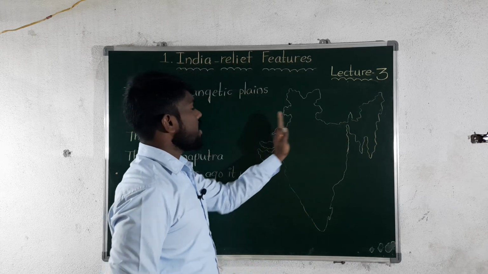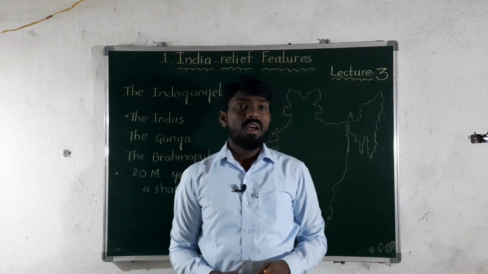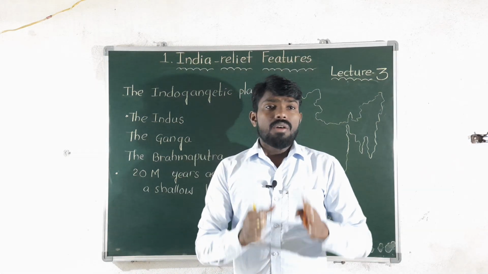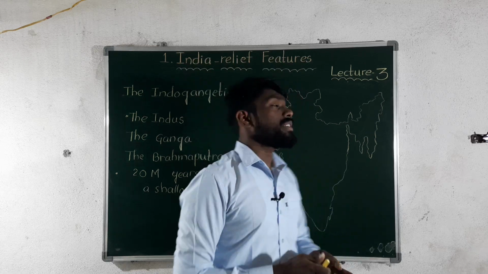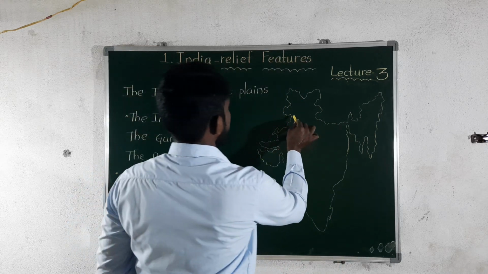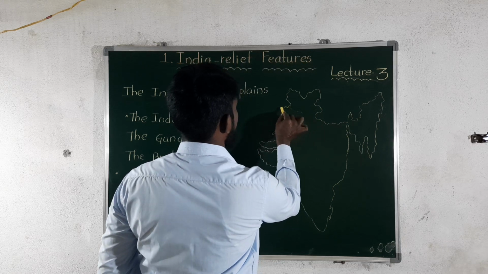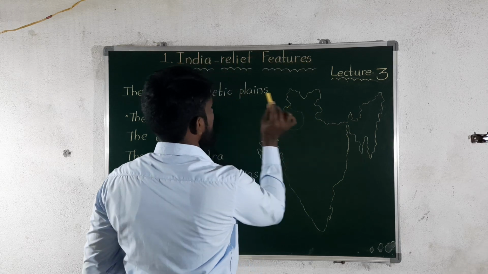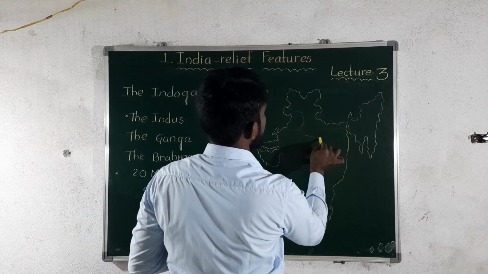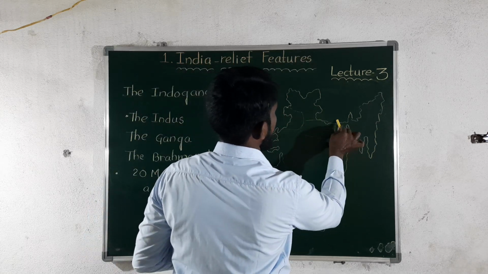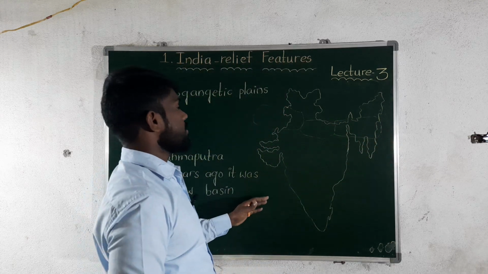We can see these in the map of India, which is a rough diagram. The western part is formed by the Indus and its tributaries. This is the western part, this is the central part, and this is the eastern part of the plains.